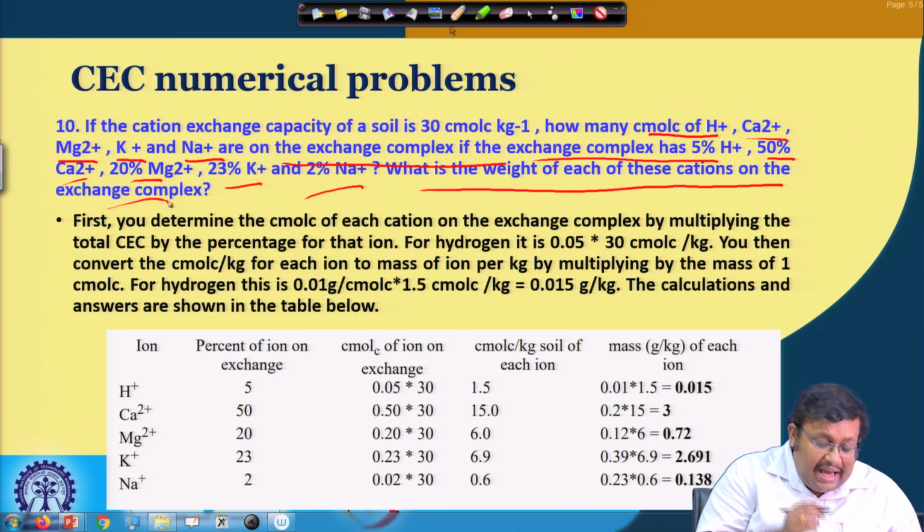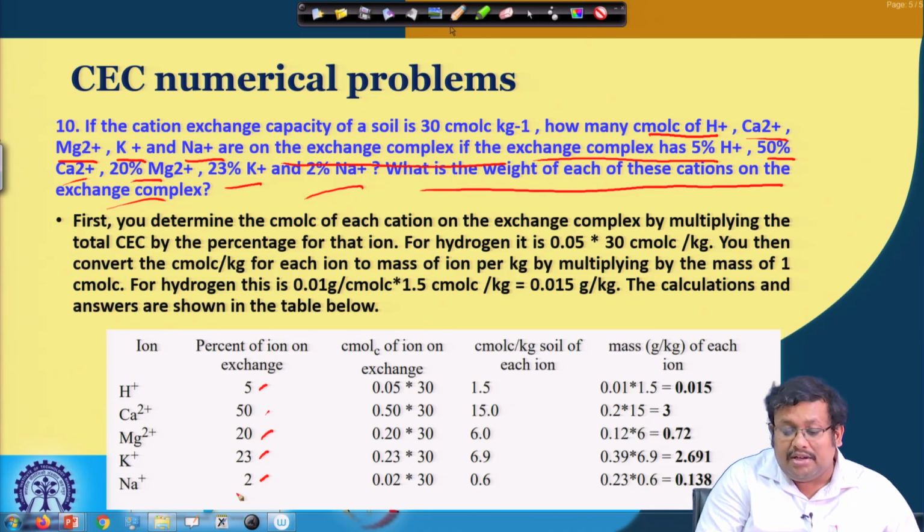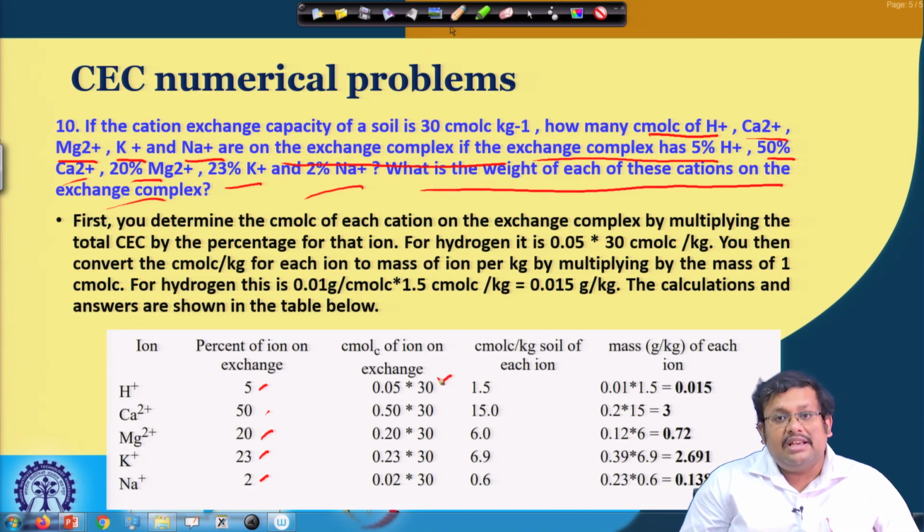So, we know that the percentage of each ion on the exchange complex is 5 in case of H plus, 50 in case of Ca2 plus, 20 in case of Mg2 plus, 23 in case of K plus and 2% in case of sodium plus. Now, we already know that the cation exchange capacity of the soil is 30 centimolar charge per kg of soil.